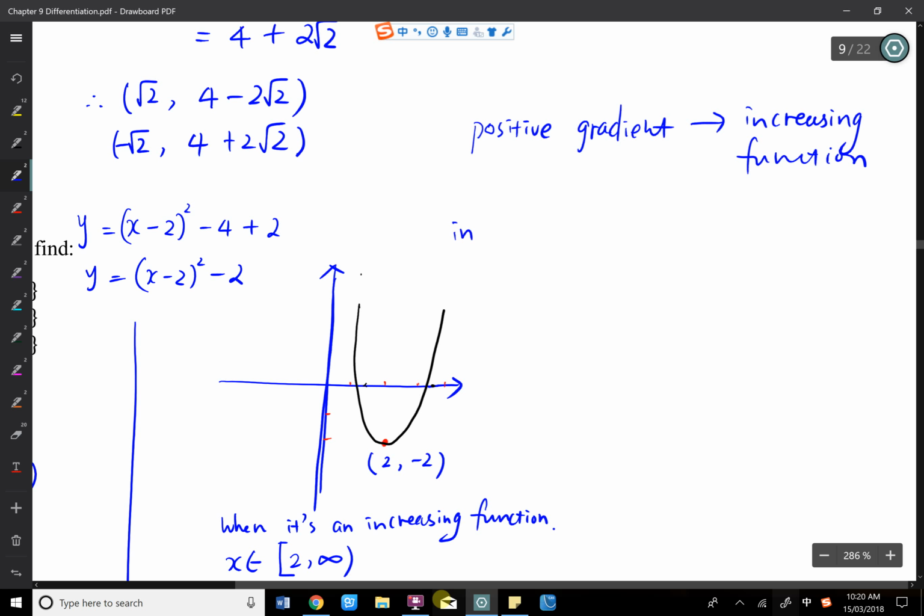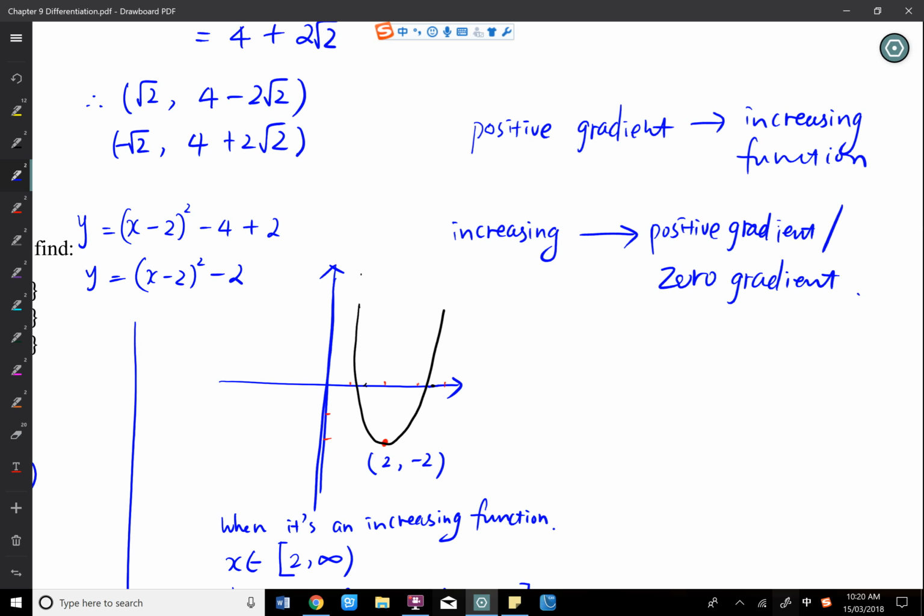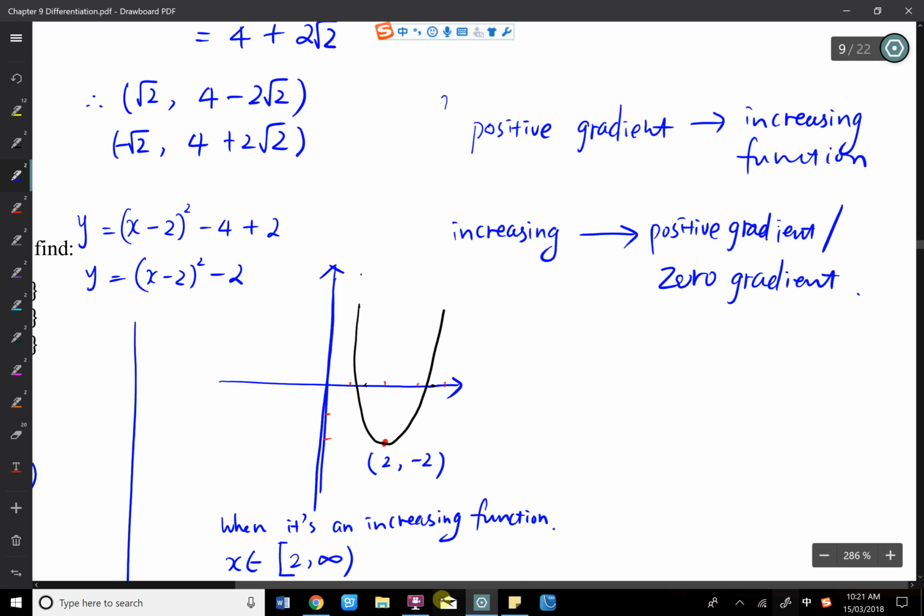But when it tells you some part of the function is increasing, that gives you positive gradient or zero gradient, because that will include the turning point as well. Okay, when I say it's a positive gradient, the graph must be increasing. When I say it's an increasing graph, that will include the positive gradient part and the zero gradient part. So that's something you need to pay attention to.